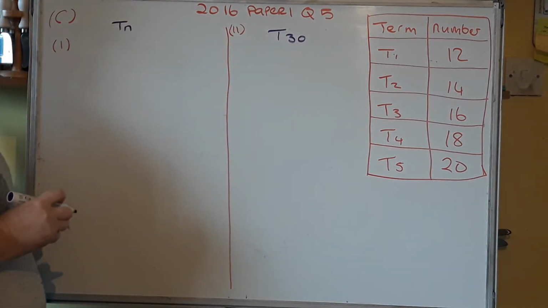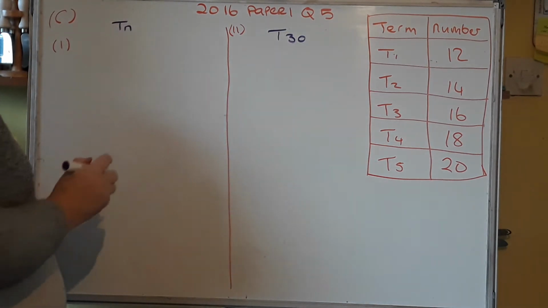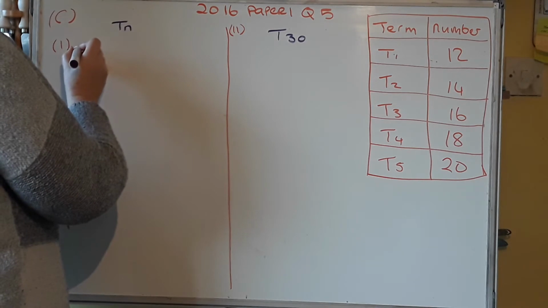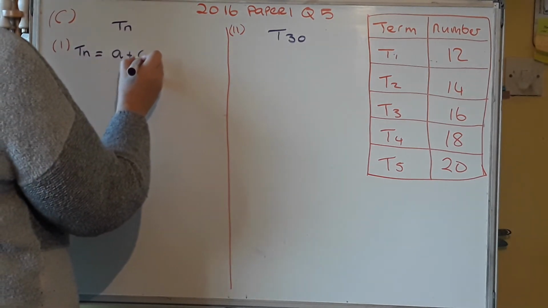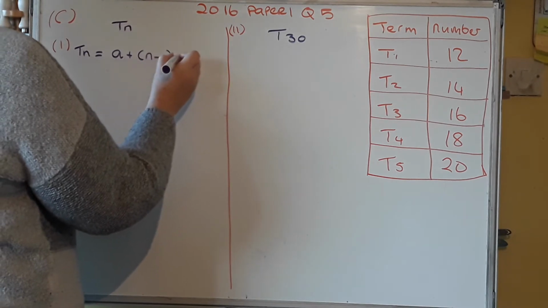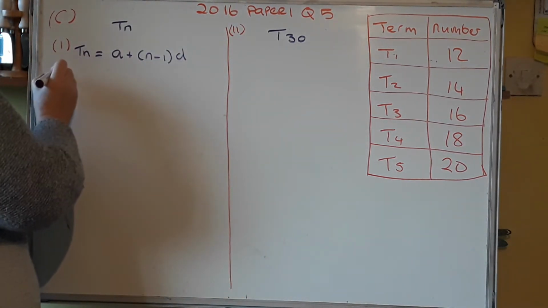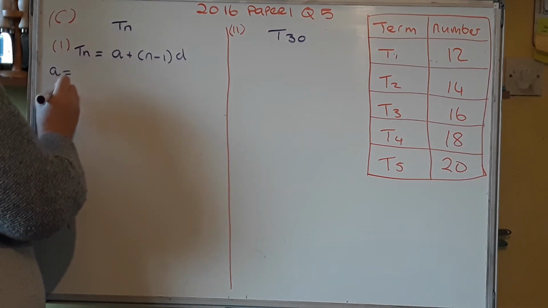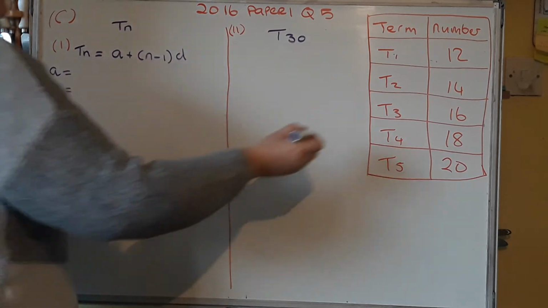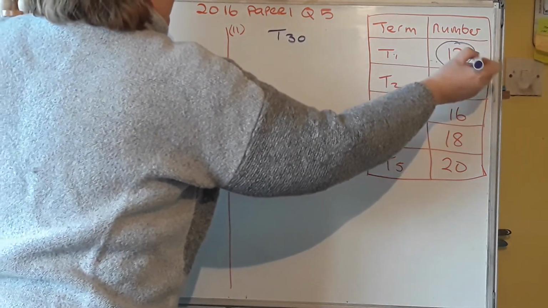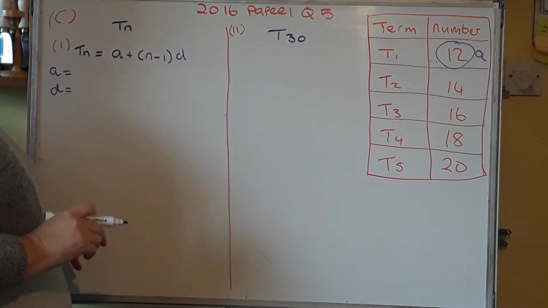To find Tn, first of all, you go to your tables to page 22, and it'll tell you that Tn is A plus n minus 1 by d. So in order to do this, you need to know what A is equal to and what D is equal to. A is the first number in the sequence, so this is A. And that will always be A. Whatever term 1 is, that's A.